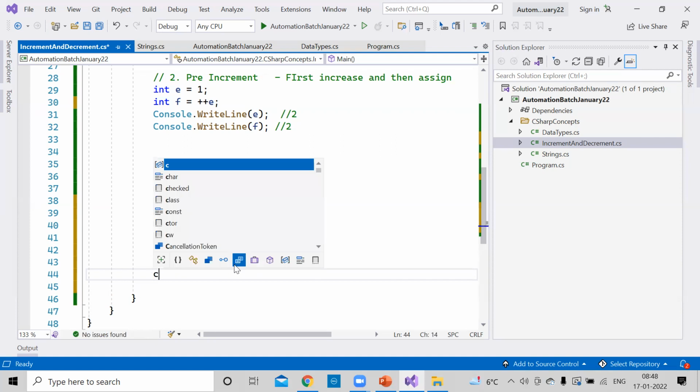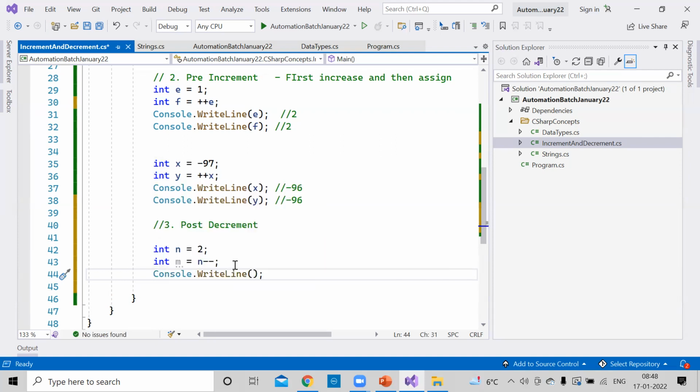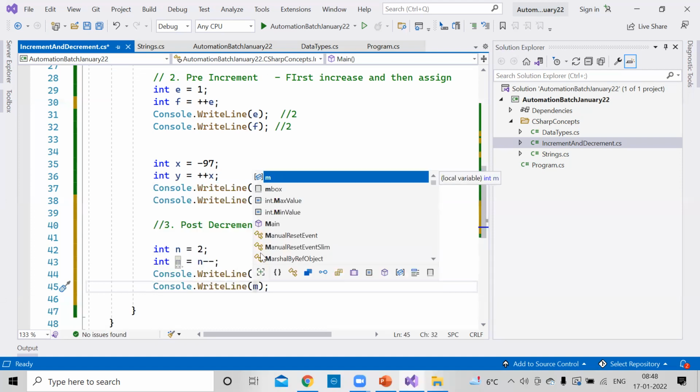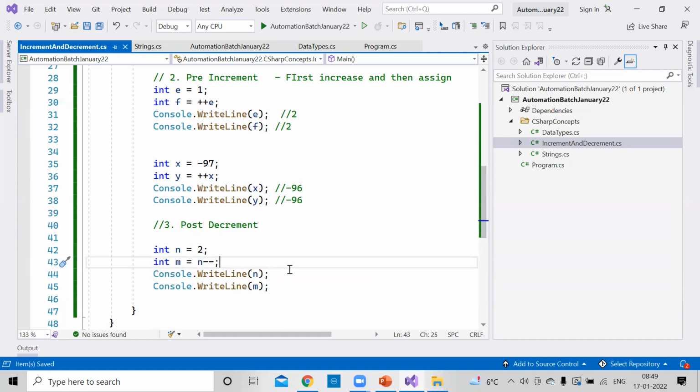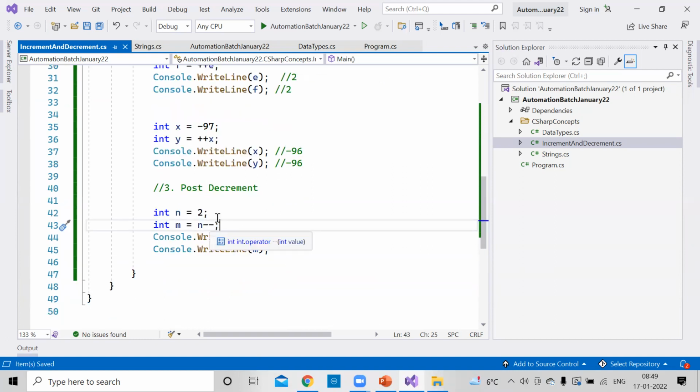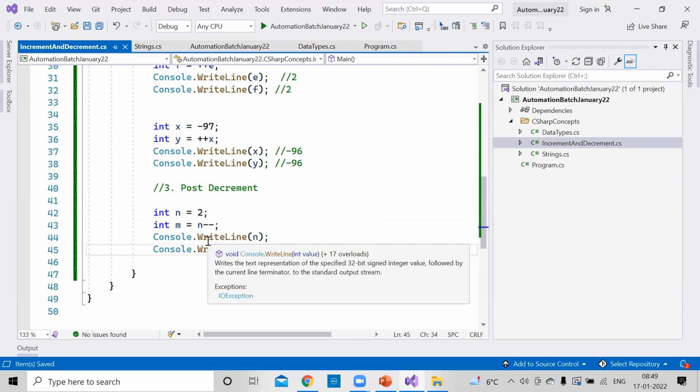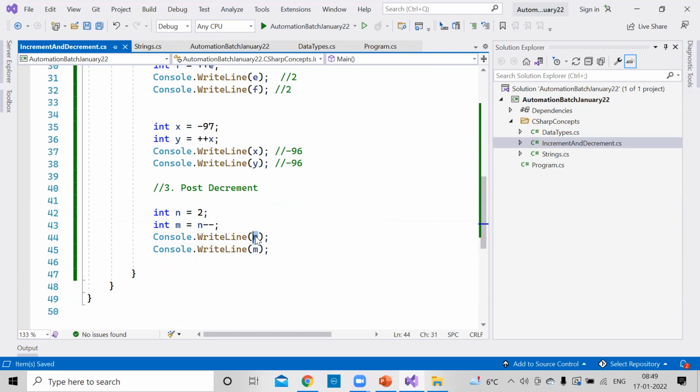Yeah, let's analyze the output here, n, and here m. So guys, what kind of value will we get over here? This is similar. There we were just increasing the value. Here we just have to decrease the value, not increase, because the sign is minus minus. So in Console.WriteLine, what would be the value of n?